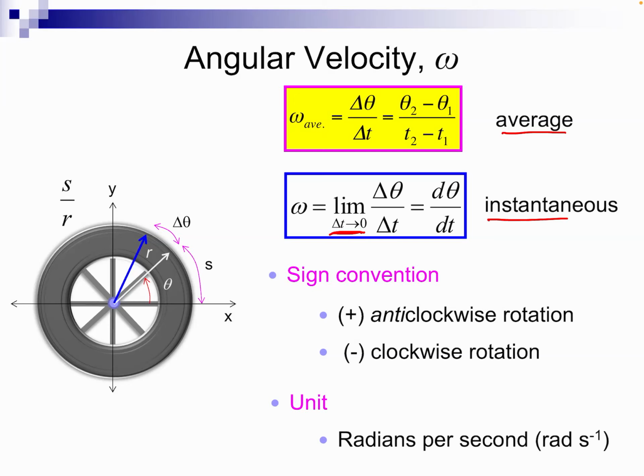With the limit of the time interval delta t approaching 0, delta theta over delta t becomes a derivative. So to get the instantaneous angular velocity, we take the derivative of the position theta with respect to time.